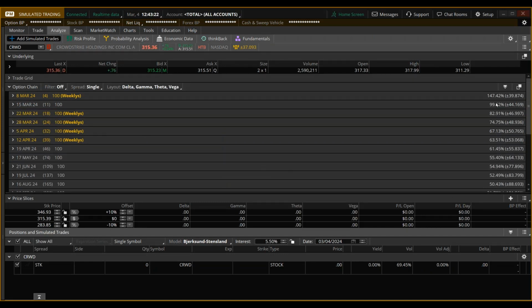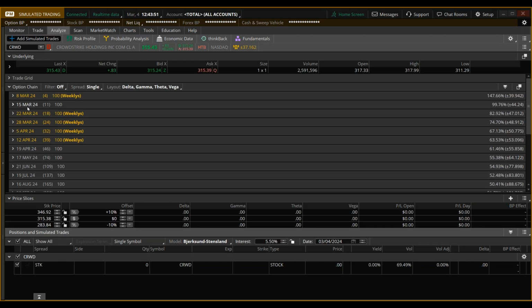Look at the implied volatility using the formula that is specific to an options expiration week. This is an implied volatility that is specific to the options that expire this coming Friday. Here is the implied volatility for the options that expire March 15th.